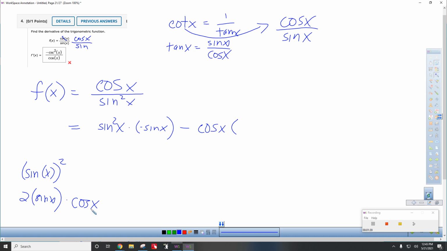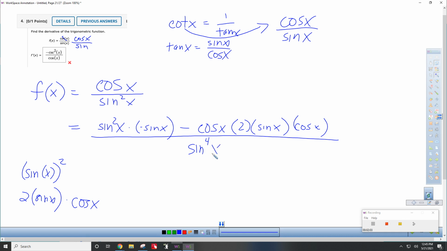Let me make sure that's right. Okay? Yep, good. So, we're going low d high minus high d low, so 2 sine of x cosine of x all over low low. So all over sine to the 4th of x, squaring sine squared.